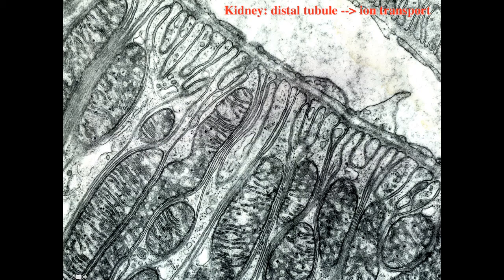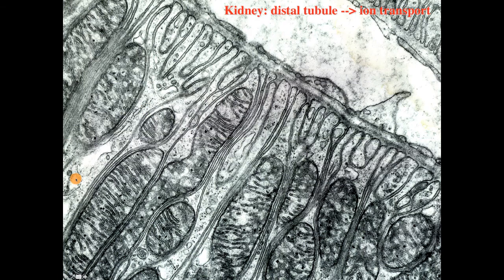This is a high-power view of the distal tubule in the kidney. I show this not to expect you to be able to identify this as the distal tubule in the kidney, but because I want to show you mitochondria that are interdigitated within foldings in the plasma membrane of these cells.